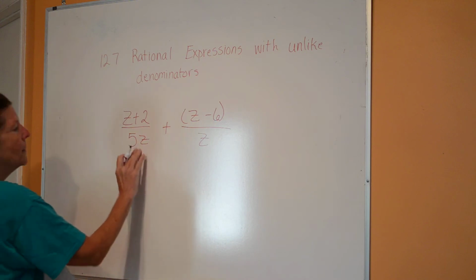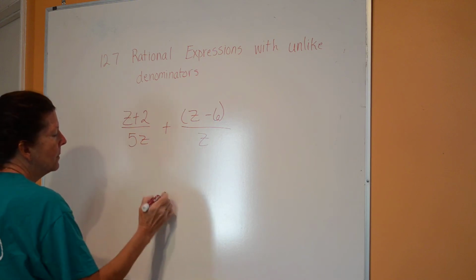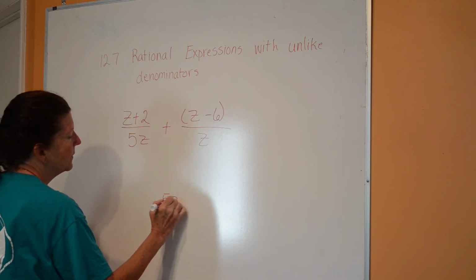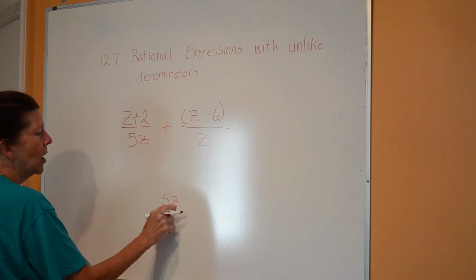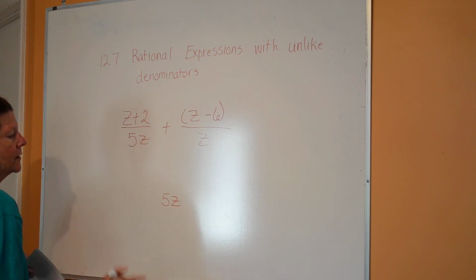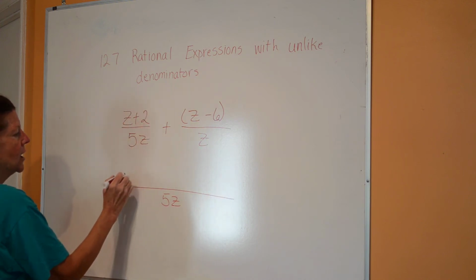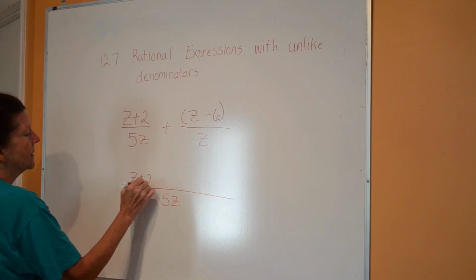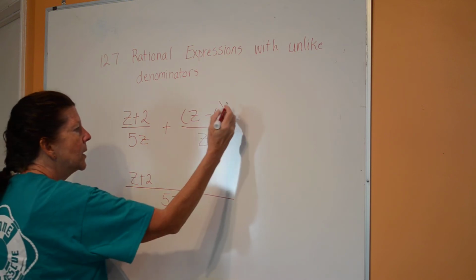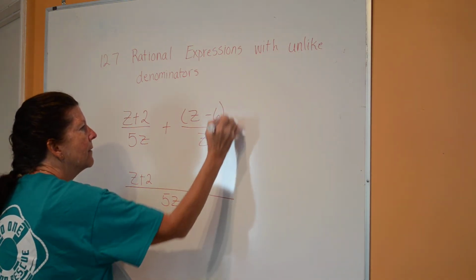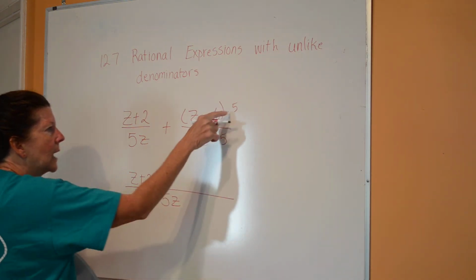All right, my common denominator, or my least common multiple here, would be 5z. It's what they have in common, plus whatever else they have. So you have 5z. This one, I don't need to change at all, so I continue to bring down the z plus 2. This one, I would need to multiply by 5. What I do to the bottom, I do to the top.